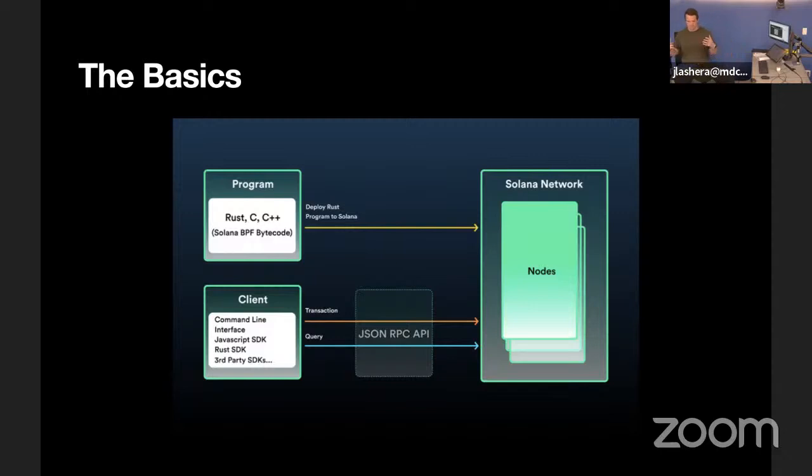This is probably a drastic oversimplification, but the JSON RPC API is effectively just an HTTP POST where the body of the POST is JSON that represents the methods you want to call on the API. So if you want to get a list of accounts, you have JSON in the POST call that identifies that that's what you're doing, and obviously it's got to match the formatting that the API expects, but it's fairly similar to most REST APIs.